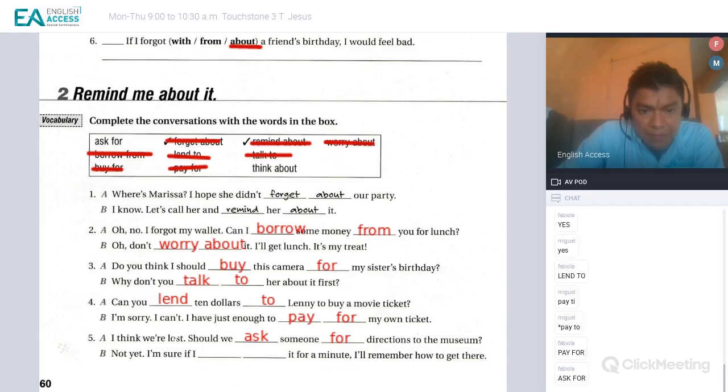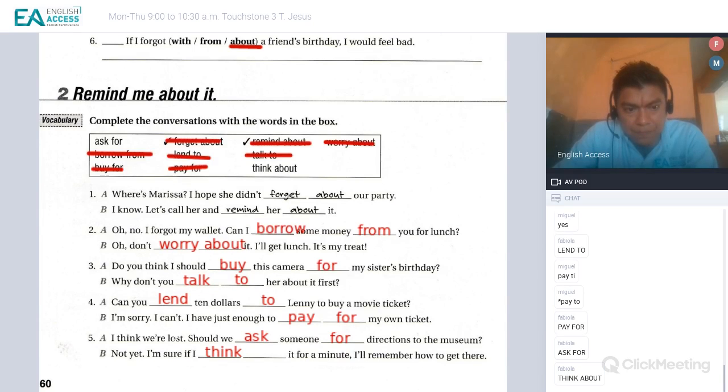I'm sure if I think about it for a minute, I'll remember how to get there. Perfectly good job.